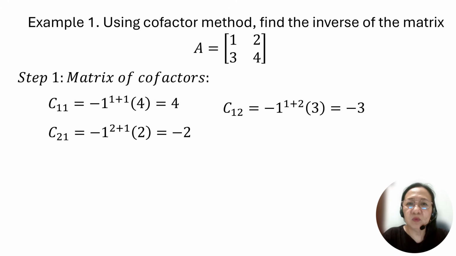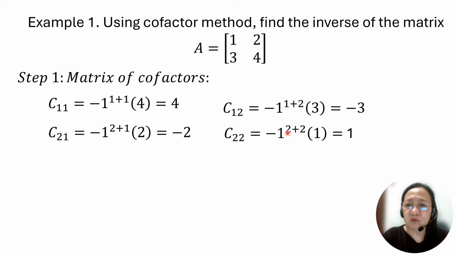And lastly, we have C sub 22, which is represented by number 4. What will be the sign? That is negative 1 raised to the position 2 plus 2. Slash the row and column where 4 is located. What is left here is 1. Copy 1.